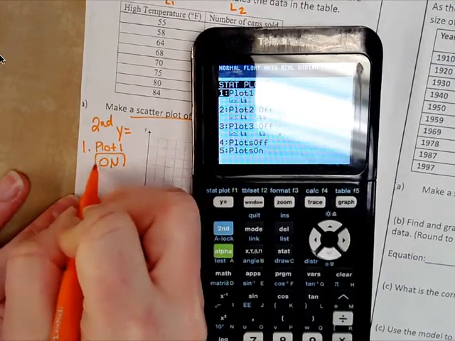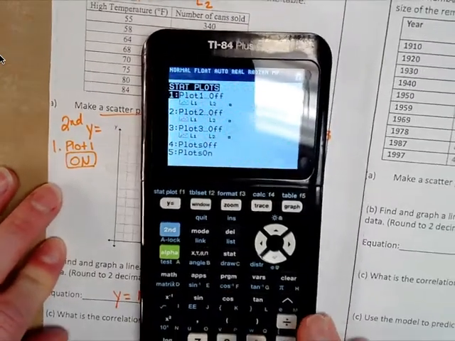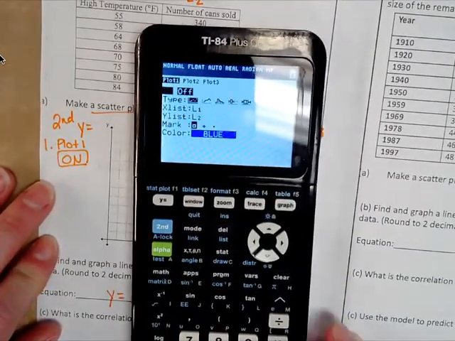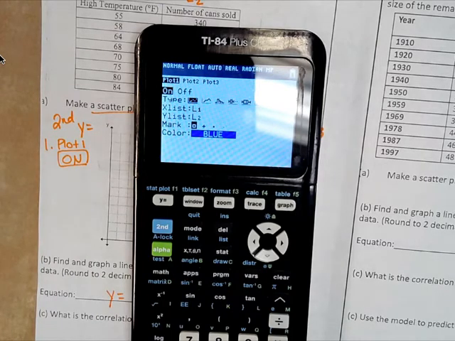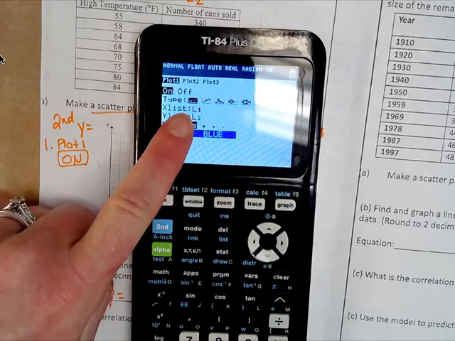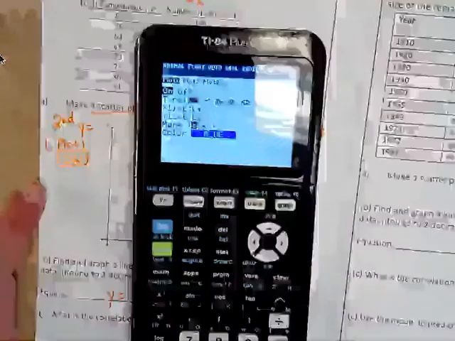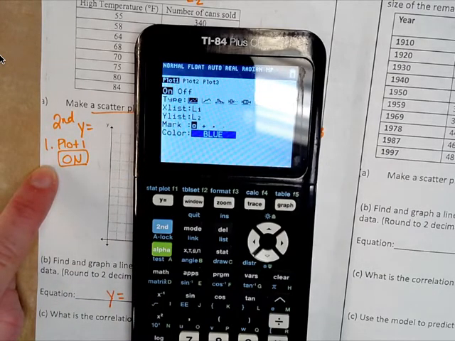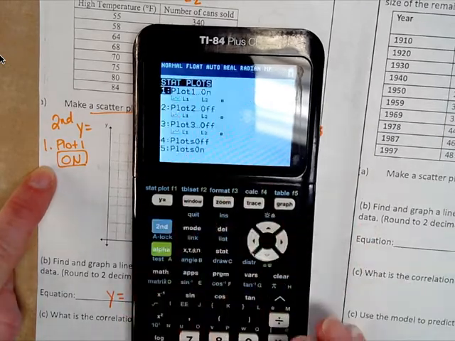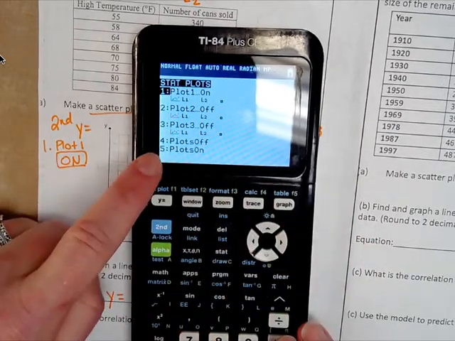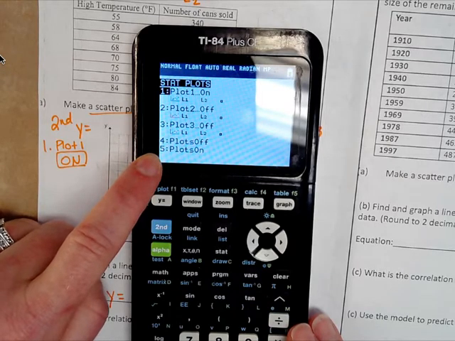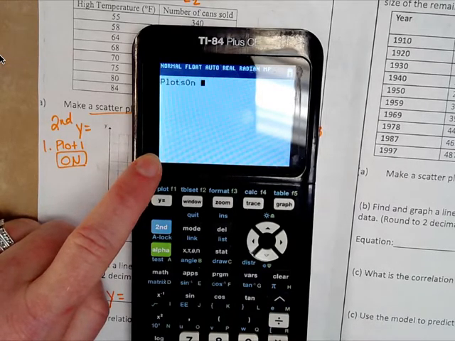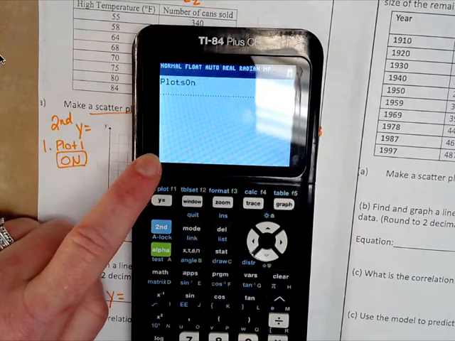Turn on. And then you don't have to change anything else. You could change your mark, you could change your color if you want. You could go down to 5, plots on. I didn't think about that. And then push enter.